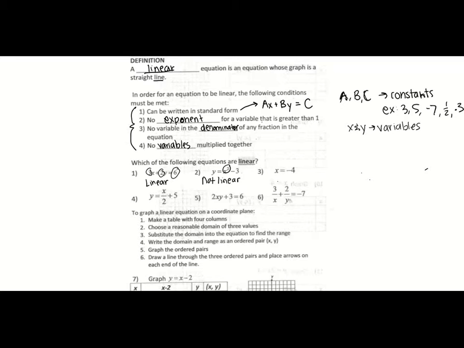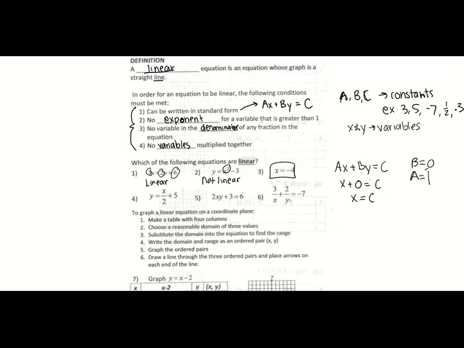Number 3, we have no exponents, no variables in our denominator, no variables being multiplied together, and this one is tricky to see, but it actually is in standard form, because if b equals 0, then we would get a equals 1, we would get x plus 0, well, there should be an equal sign right here, equals c, which is x equals some number, c.